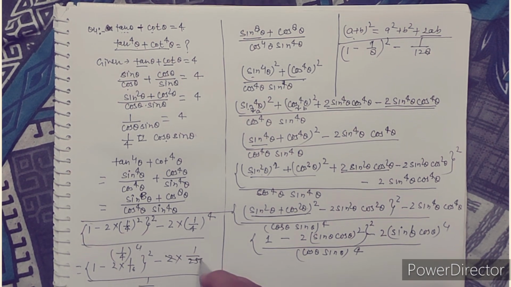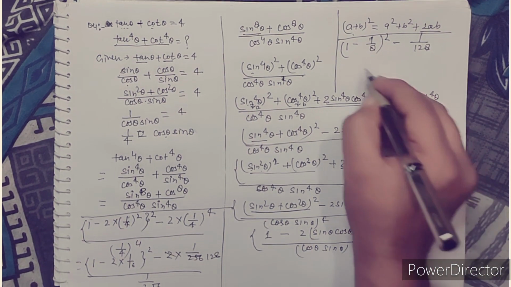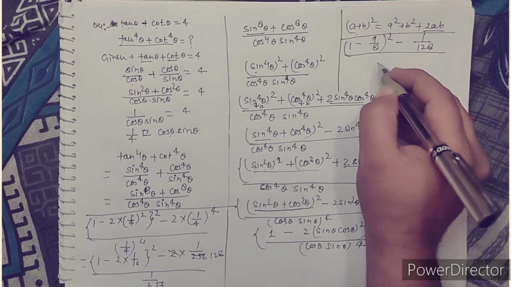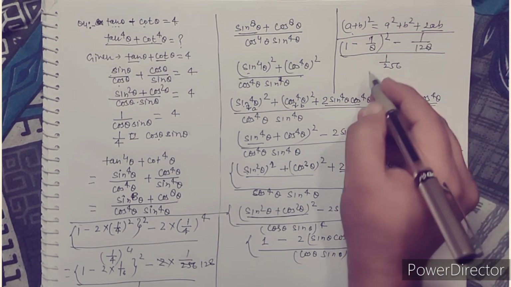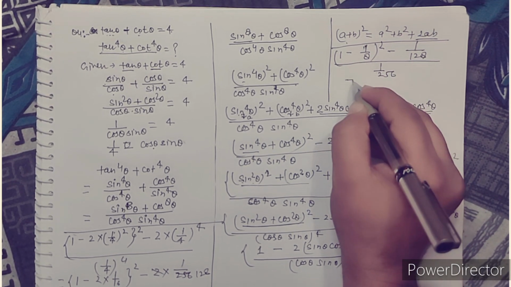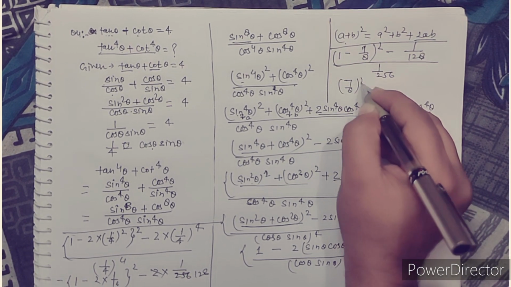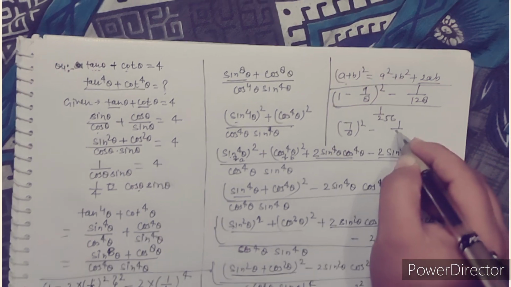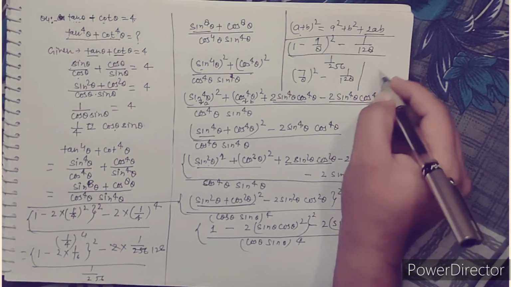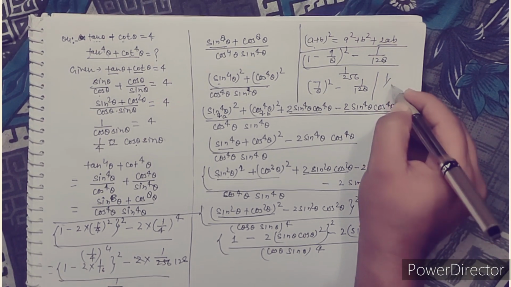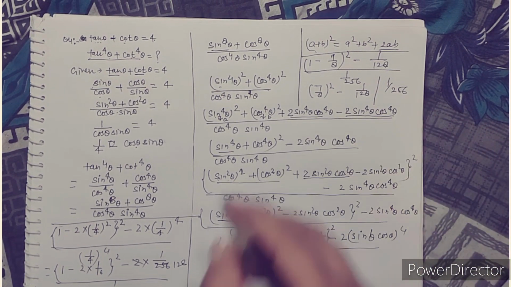It will be (7 upon 8) whole square minus 1 upon 128, whole upon 1 upon 256.